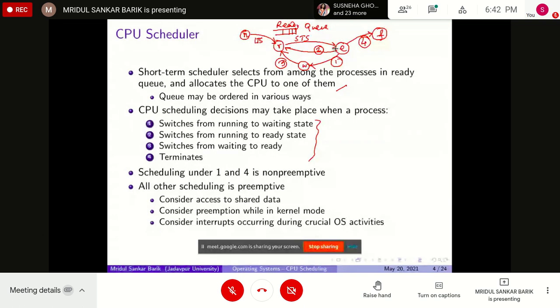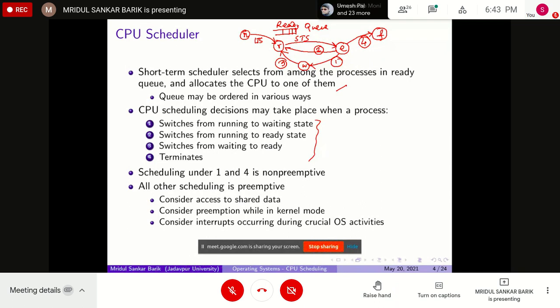Preemptive means we are interrupting the currently running process and another process is scheduled. We are emptying the currently running process from using the CPU prematurely.